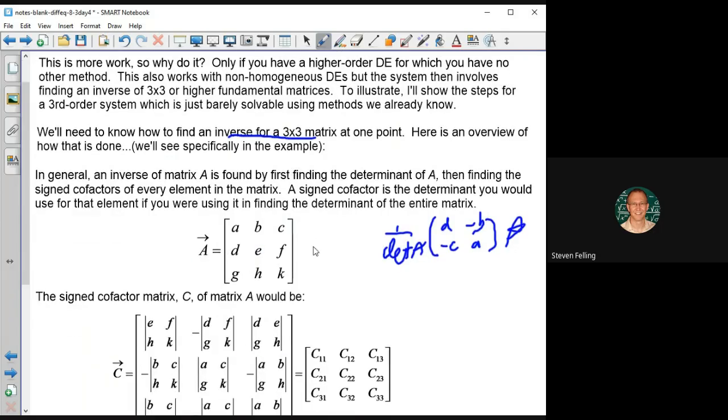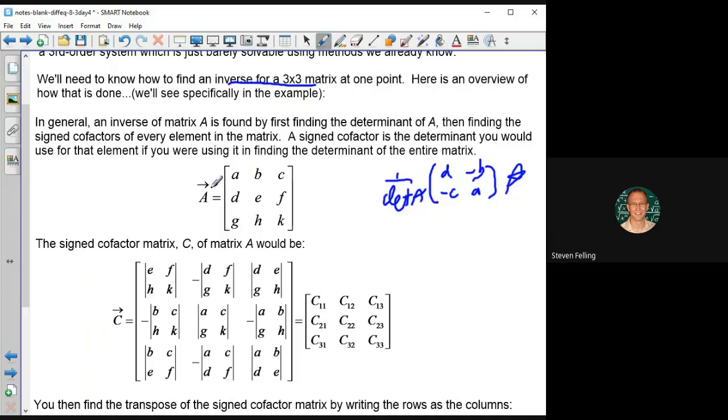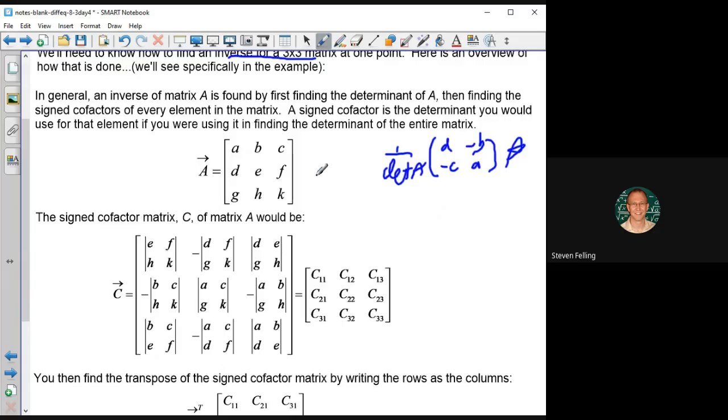So let's say we had this coefficient matrix A, which was A, B, C, D, E, F, G, H, K. I'm omitting I and J here. Then we can find something called the signed cofactor matrix. That's like the determinants that if we were to normally pick a row to do a determinant, we multiply each entry by the determinant over here, which is called a signed cofactor.